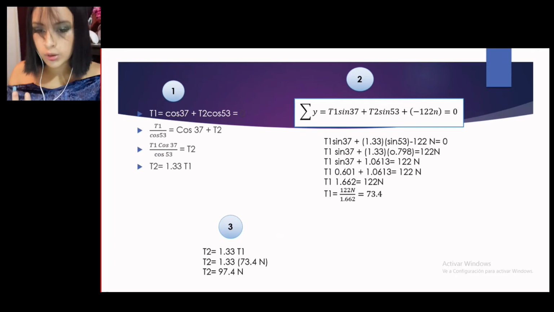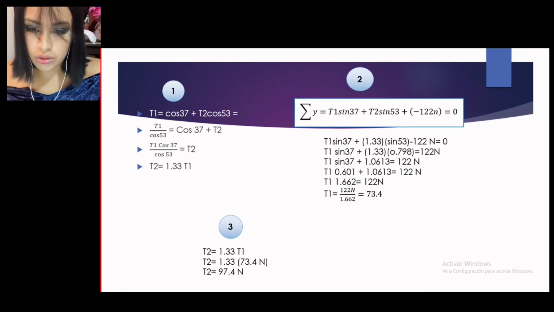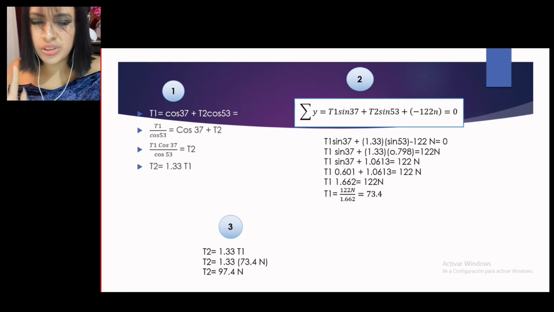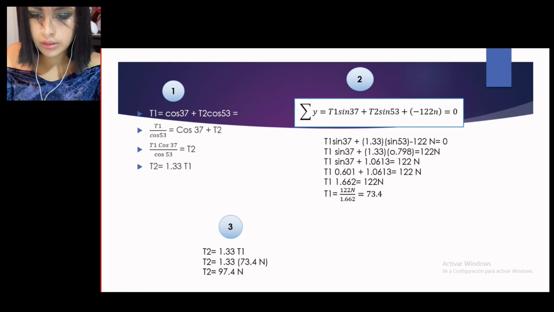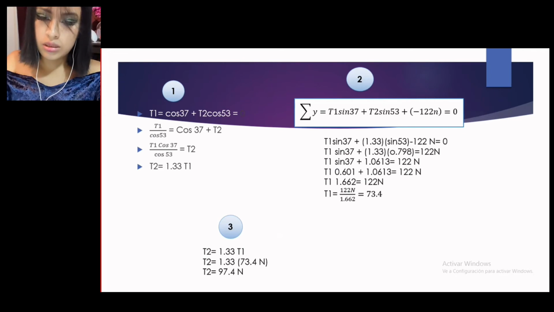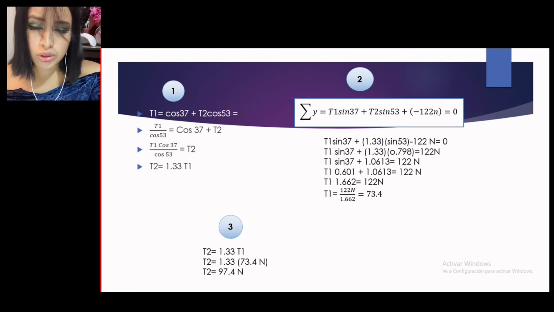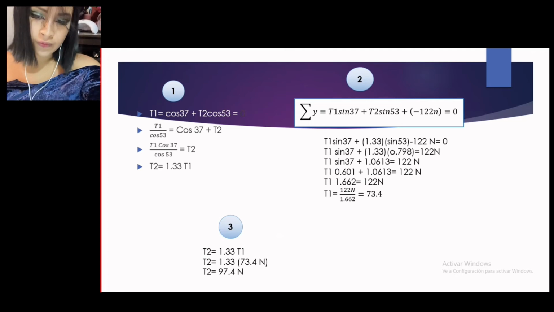In the second step, we know the result in letter T1. So T1 is the tension, we have a result, and we put it in. We pass it the same way, and we are going to evaluate our result in sin 53.